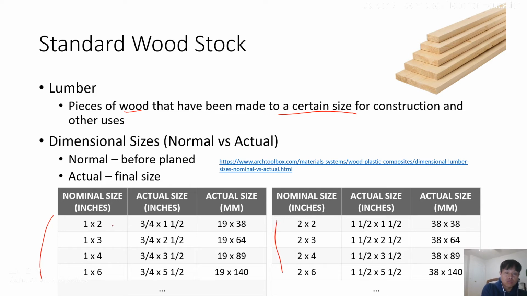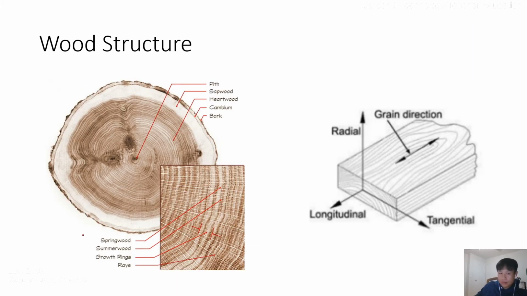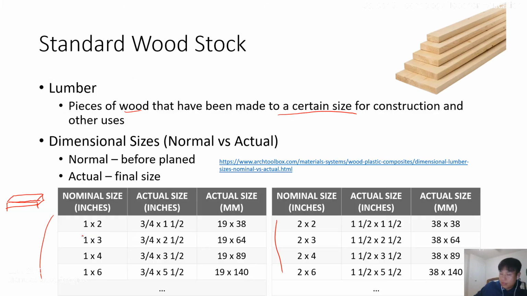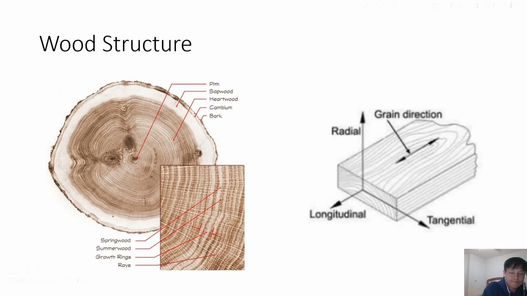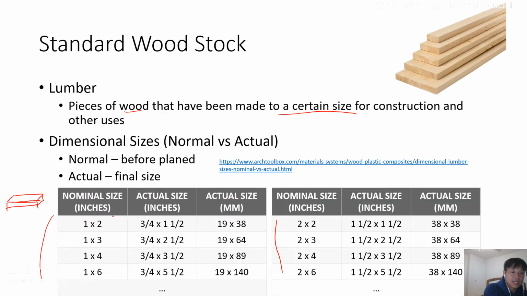So 1 by 2 means, let's say this is a wood lumber, its height is 1 inch and its width or depth is 2 inch. So 1 inch, 2 inch.